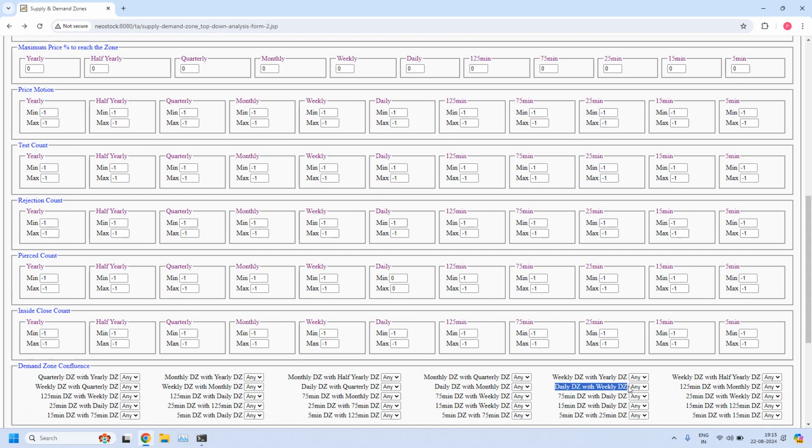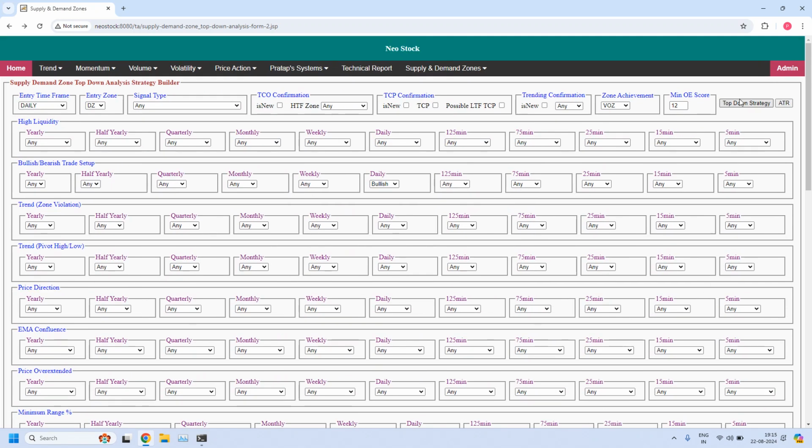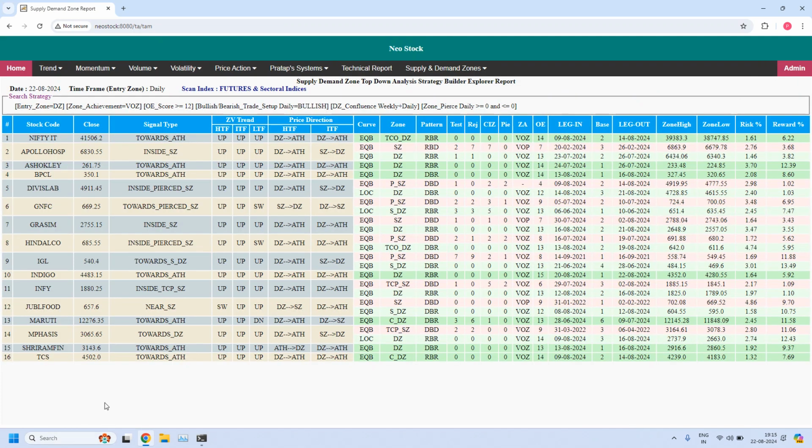Just enable this filter. Now let's filter. See, now from 32 the list has come down to 16 stocks. And these 16 stocks are supporting a bullish trade setup for monthly income trade, and also they have confluence with the weekly time frame. The daily zone and weekly zones are in confluence.